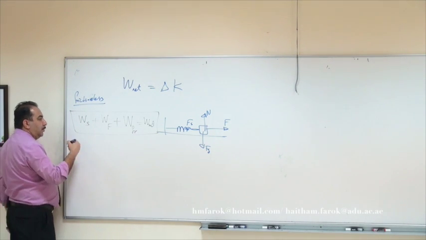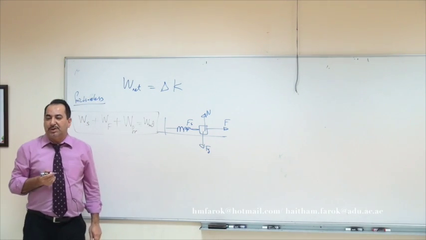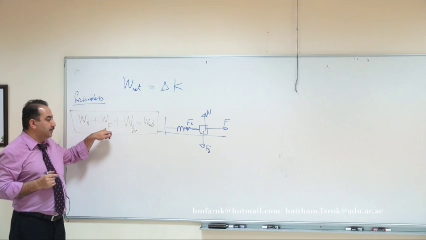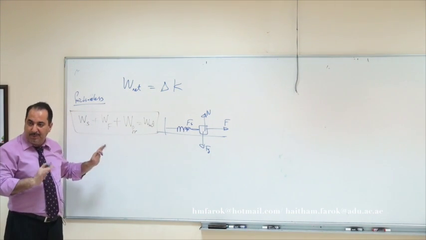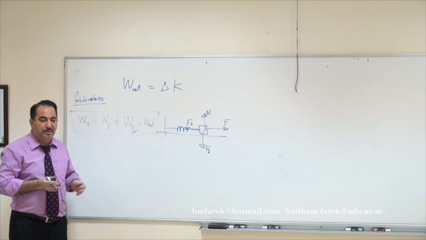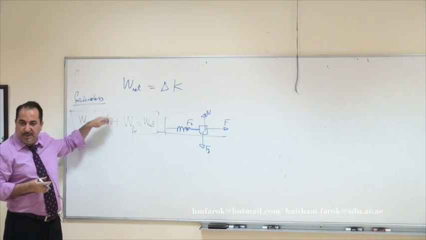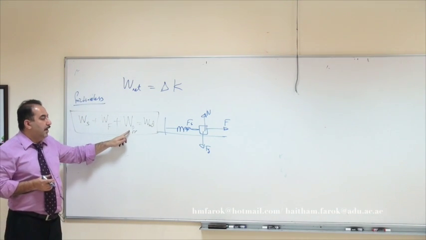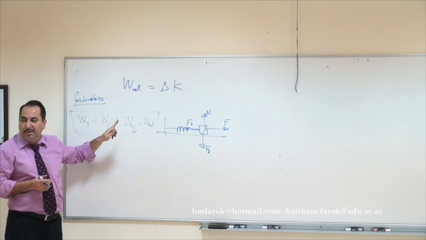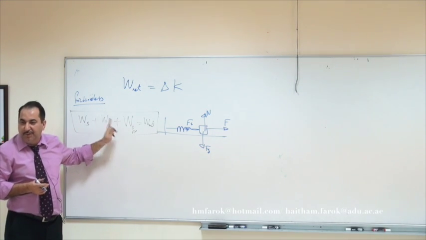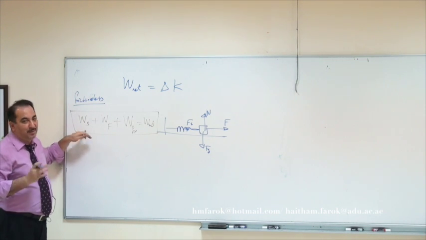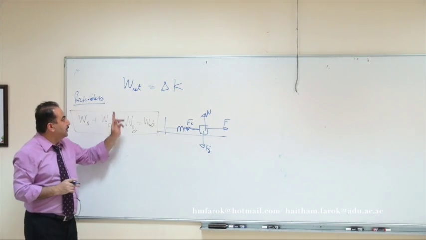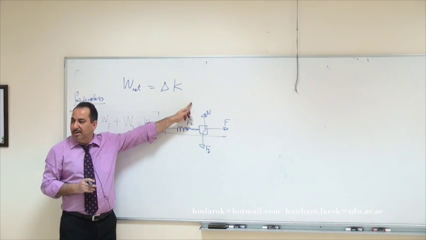Now, what do you do next? Read the question. If you have an applied force, it means you have the work of that force, so keep it. If you don't have an applied force, it's 0, so it's out. If you have a friction force, then you have work done by friction. If you don't have friction, it's out. But Ws is always there because you have a spring. This is all equal to the change in kinetic energy.